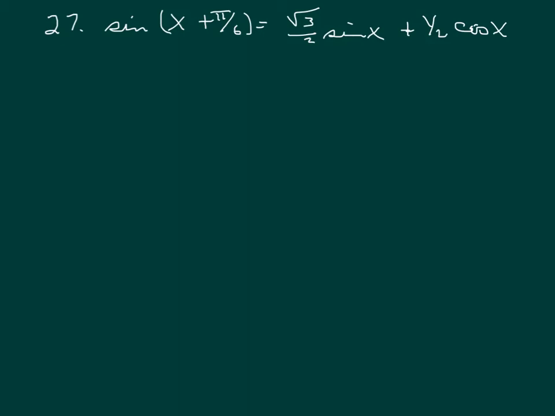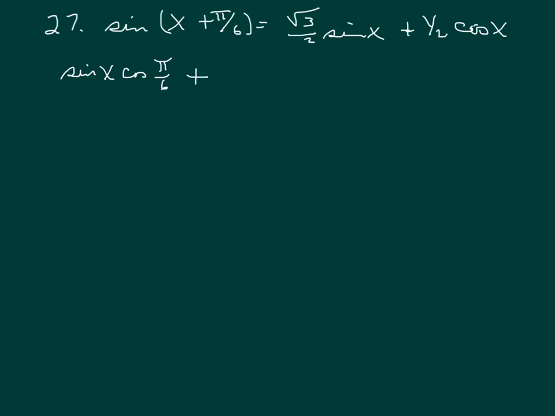In problem 27, we want to prove that the sine of x plus pi over 6 is equal to the square root of 3 over 2 times the sine of x plus 1/2 cosine x. Let's expand sine of x plus pi over 6 by the formula that we know. This will be the sine of the first term times the cosine of the second one.